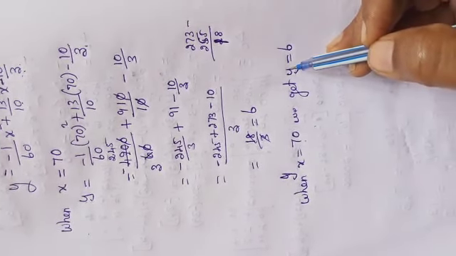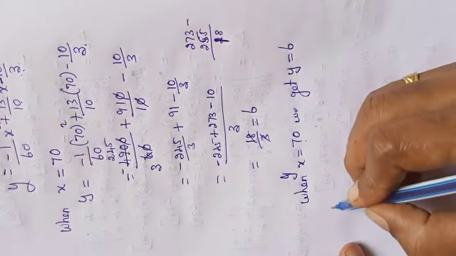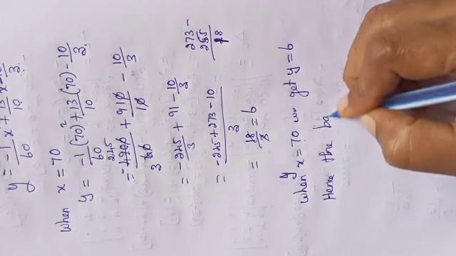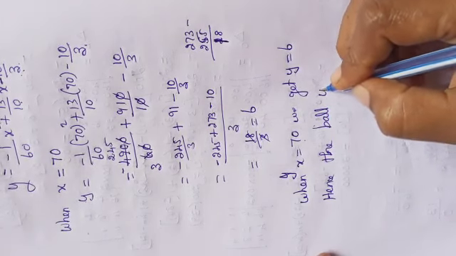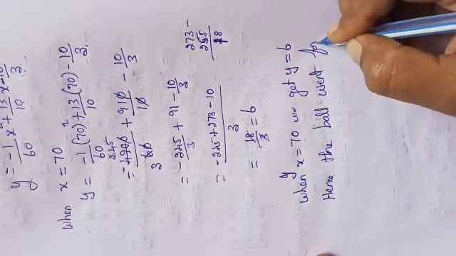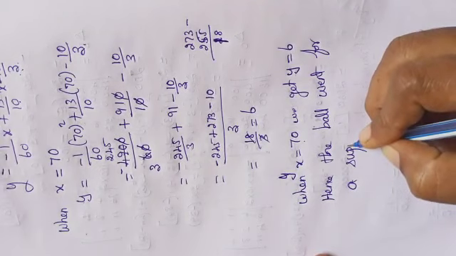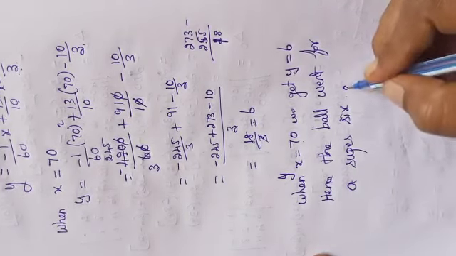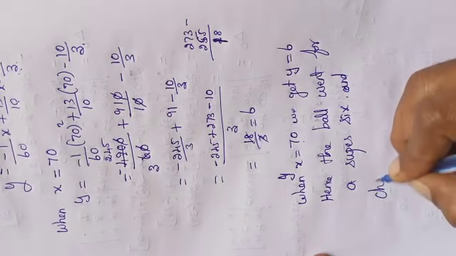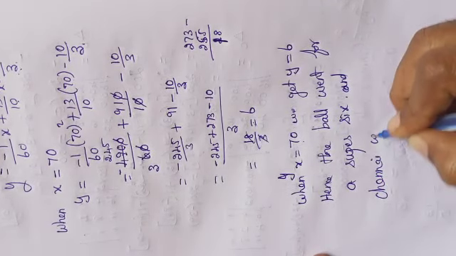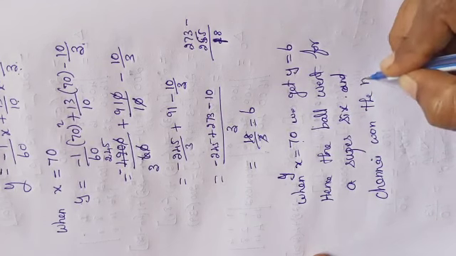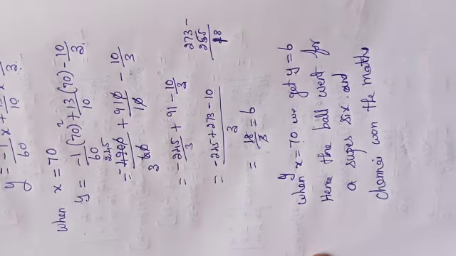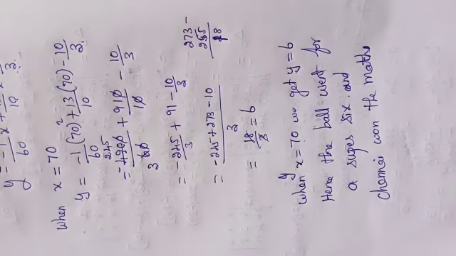Hence, the ball might have gone for a super 6, and Chennai won the match. Is that clear?